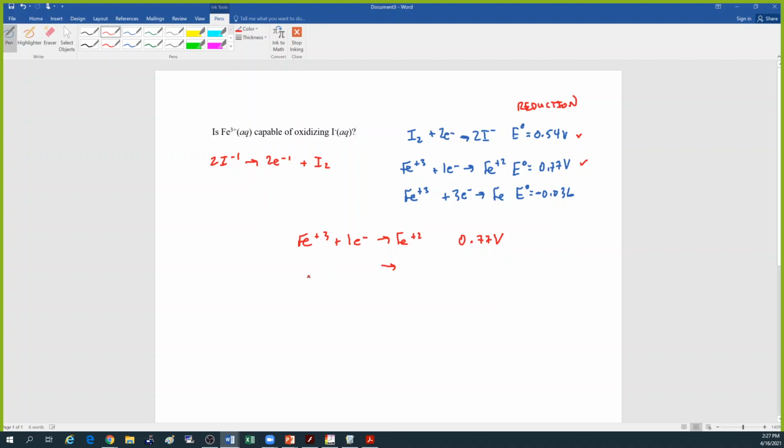Don't get confused. Because it has the lower reduction potential. I'm going to keep this as a positive number for now, just for the sake of doing the math. And so the difference between this is going to give us a positive value, which means this reaction is spontaneous. This will happen if we just let it.